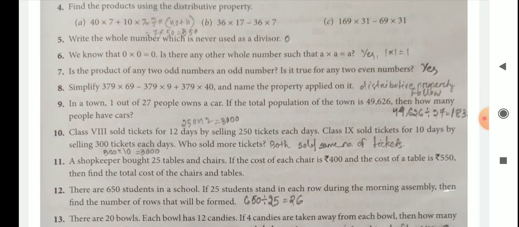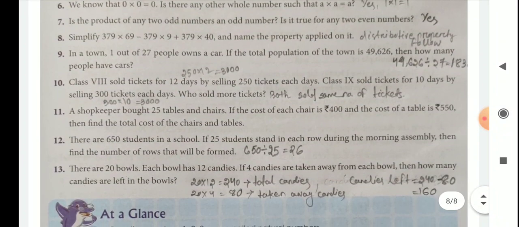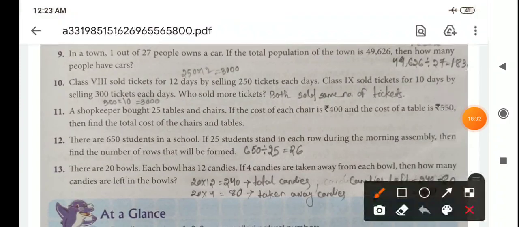Then children comes to 10 number. Class 8 sold tickets for 12 days by selling 250 tickets each day.